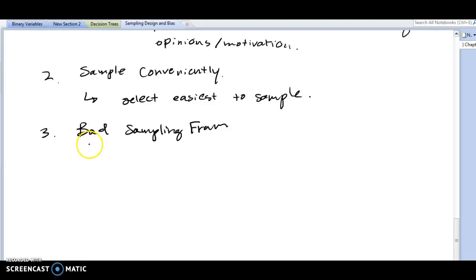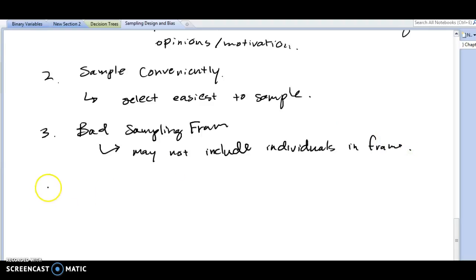And a bad sampling frame is going to have the problem that it introduces bias because individuals included may differ from those not in the frame. And the last sampling error we have is under coverage.